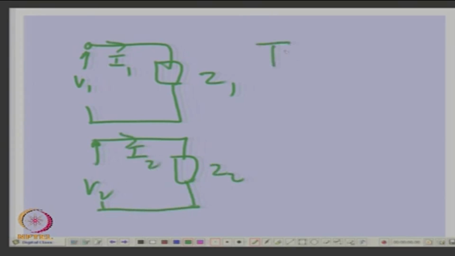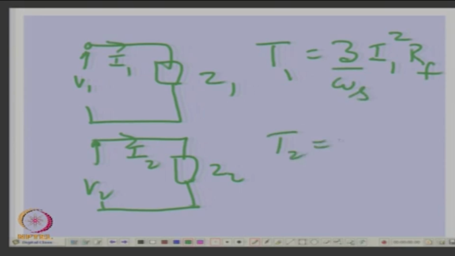Now this is a 3-phase machine again, so T1 will be 3 times I1 square RF, where RF is the real part, divided by omega s, and T2 will be 3 by omega s I2 square RB.